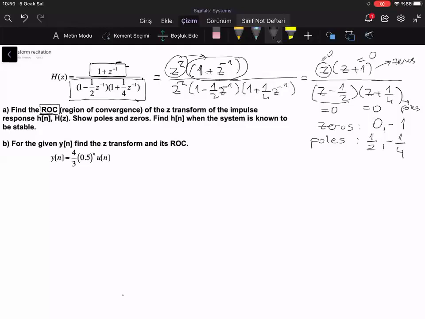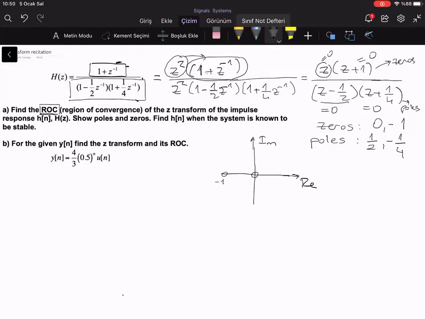Now I'm trying to come up with the graph that I need to plot, which is the ROC plot. Okay, this is a z-plane. I have imaginary part and real part. And I start indicating the poles and zeros. This is my 0. This is my -1, 0 at -1.